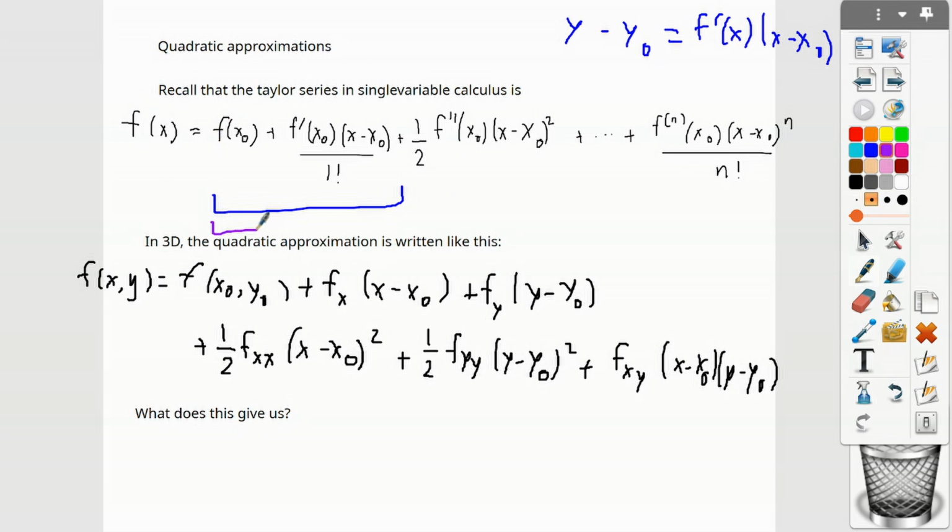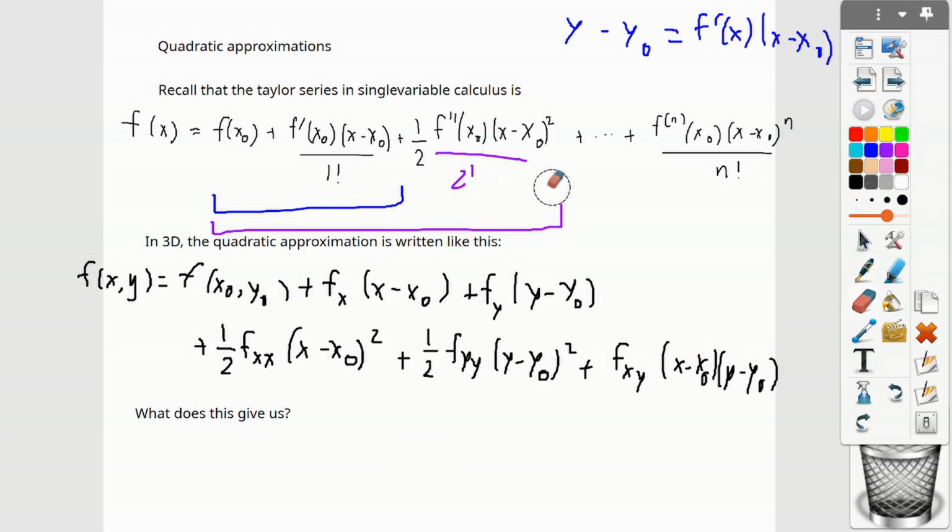This, however, is the quadratic approximation, right? Which is f of x0 plus f prime of x0 times x minus x0 divided by 1 factorial plus 1/2. This looks nice in my eyes, but you can just divide this by 2 factorial, and this would look the exact same if you erase the 2 like this.